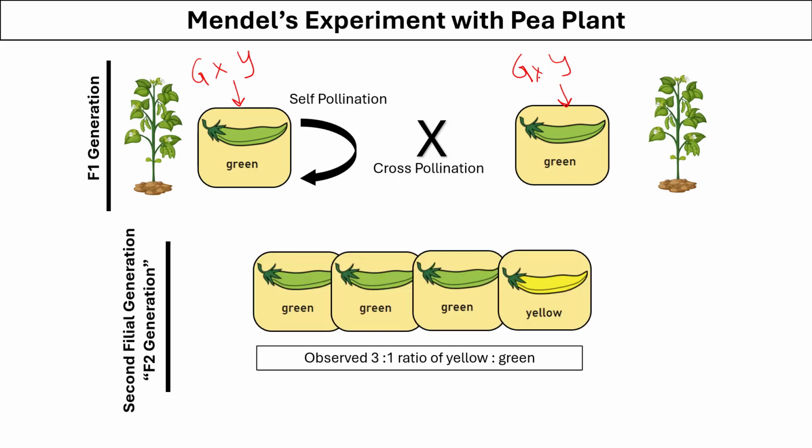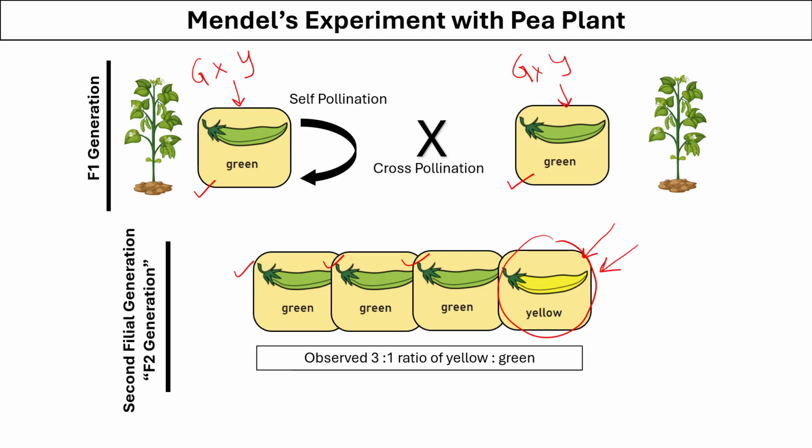All right, so when he crossed these two, suddenly he found yellow is back. He got majority green plants, but in minority he also got yellow plants. And that's surprising. Although the parents were green colored only, the progeny could still have a yellow color plant.